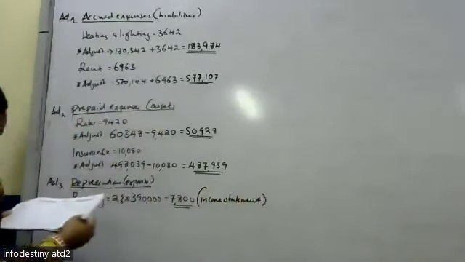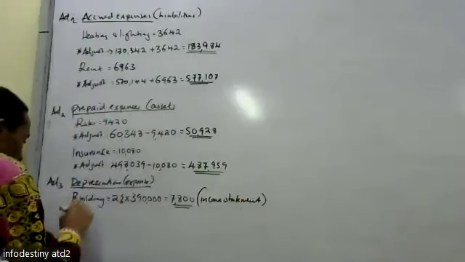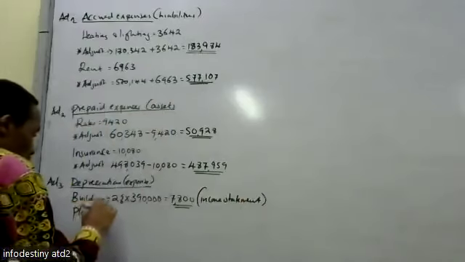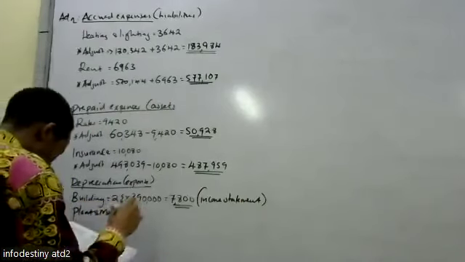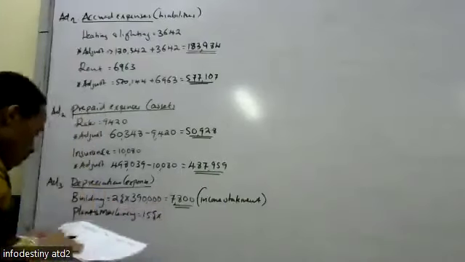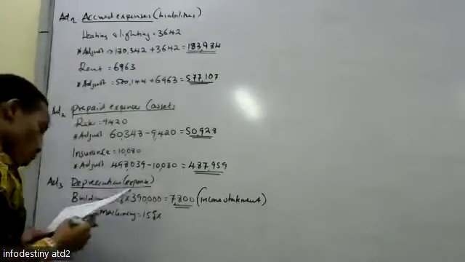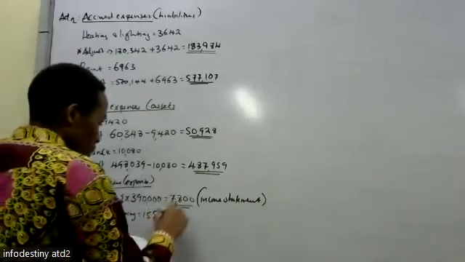Then number 2 is plant and machinery. We're told it is 15% on cost, and the cost of plant and machinery is 2,190,000.